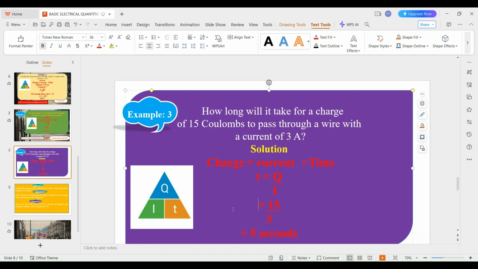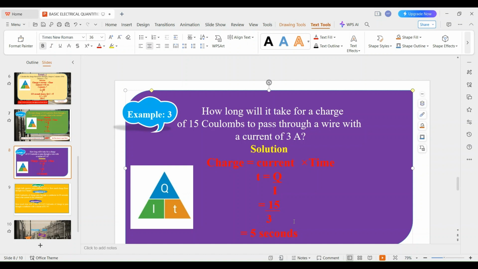So this question is asking us to calculate for time, and for time using the charge triangle, we can see that time will be given by charge divided by current. Our charge is 15 coulombs and our current is 3 amperes.